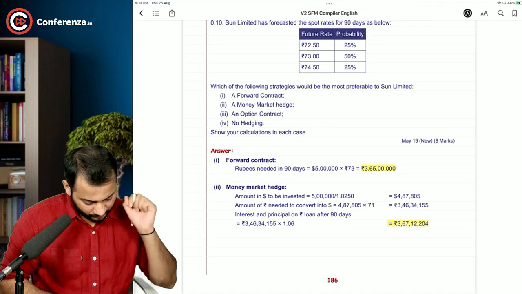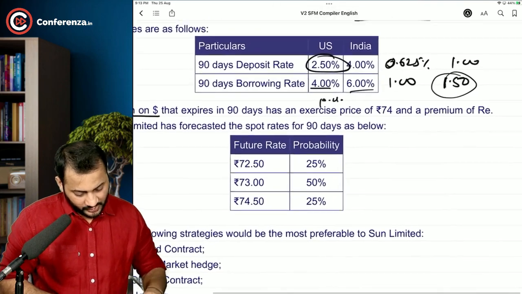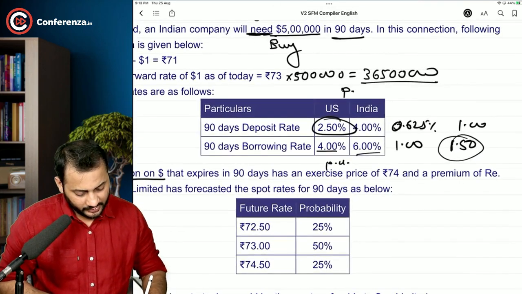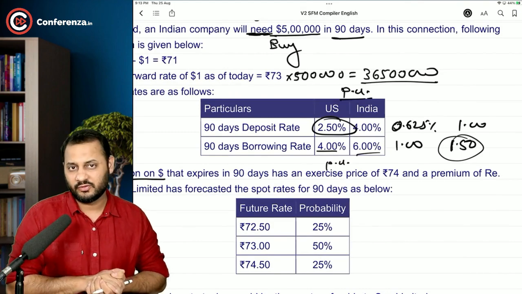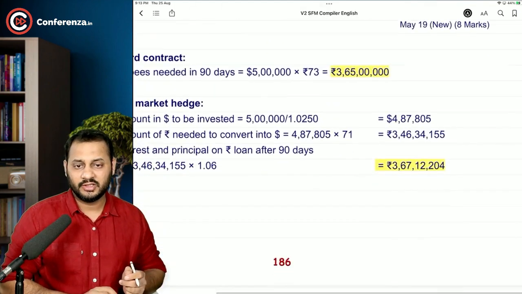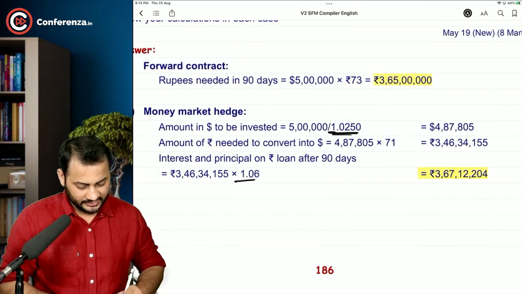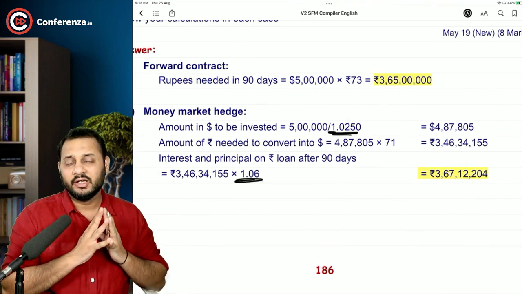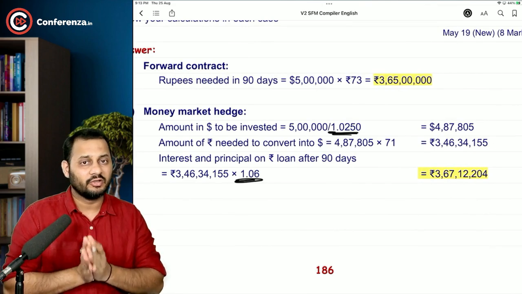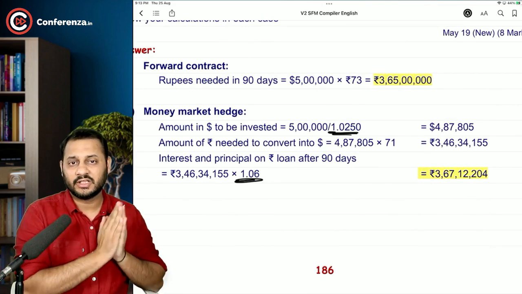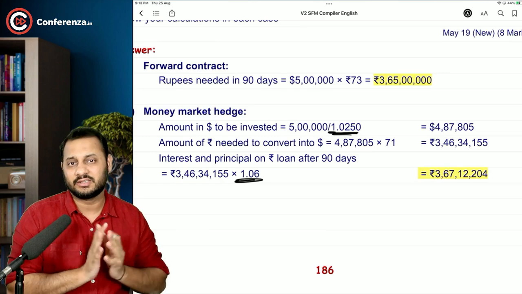Now there is a problem in this question. We have assumed these rates to be per annum, since in most of the questions they have used it per annum. But what they did is they have taken the entire rate of 2.5% and 6%. So it all depends upon the assumption. They have not converted all those rates into 3 months because they have assumed it as for 90 days itself.